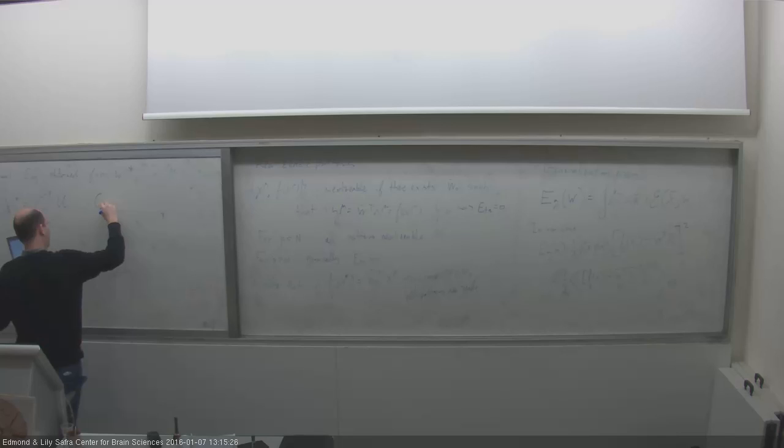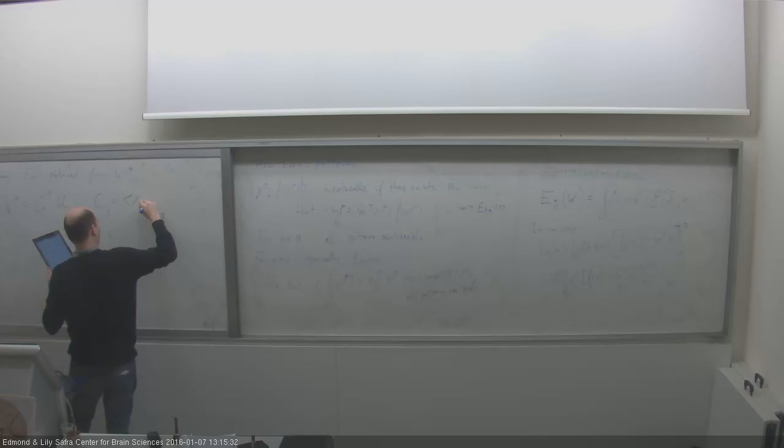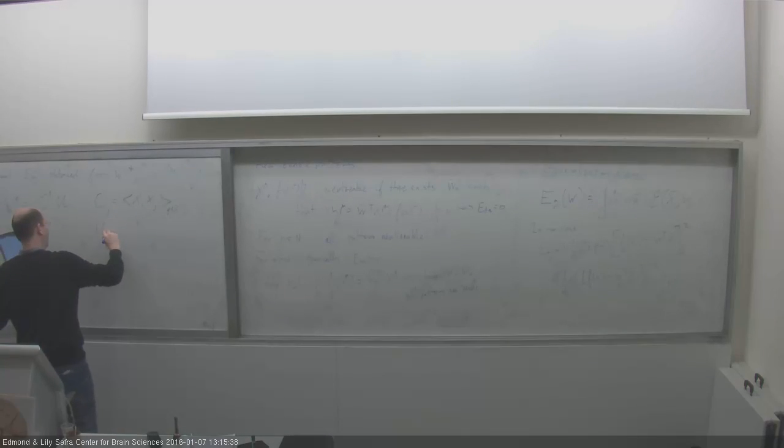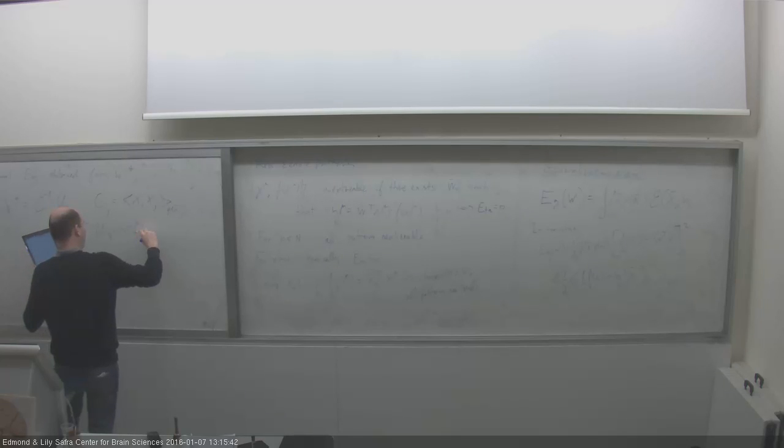So Cij is equal to the average of xi xj over the distribution P of x, and ui is equal to the average of f of x times xi over the distribution P of x.